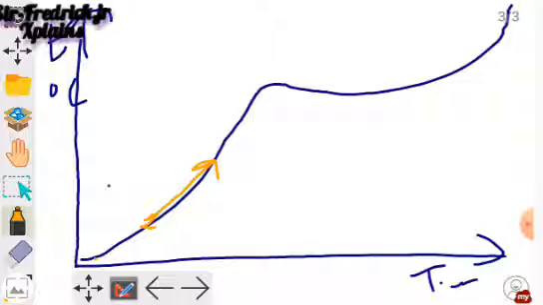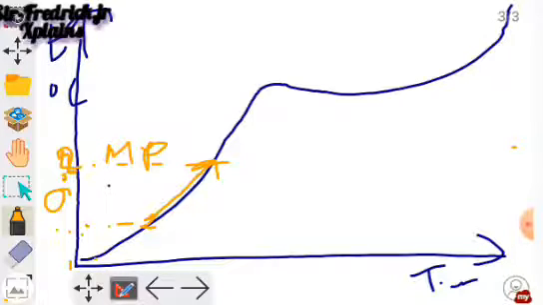The 0 was here, so this one started from maybe negative 1 up to somewhere positive 2, which is not the exact melting point.